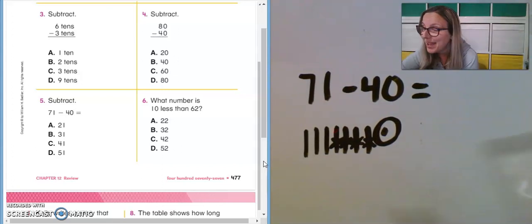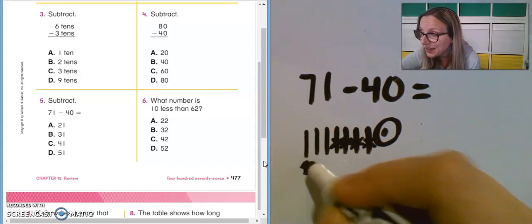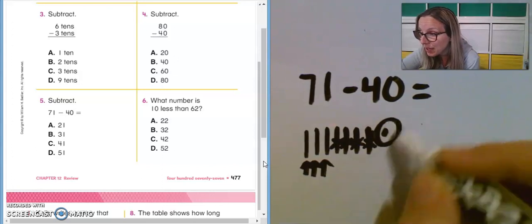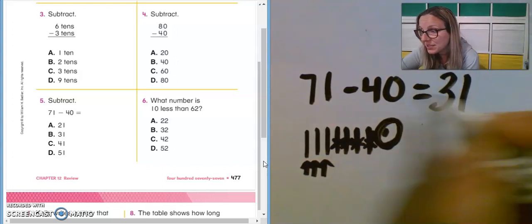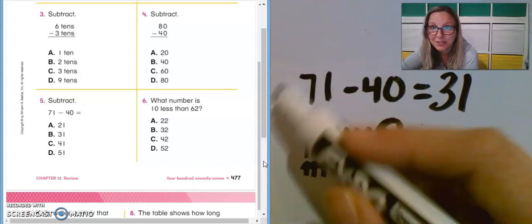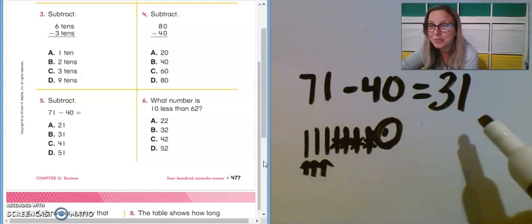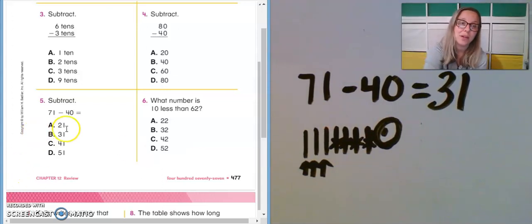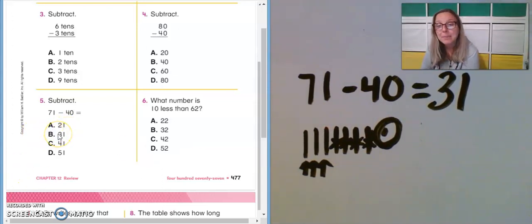That 1 didn't go away. So now I have 10, 20, 30, 1. So 71 minus 40 is basically taking away 4 tens from 7 tens. We're not messing with our 1, so our answer is 31. So for 5, you can circle B, 31.